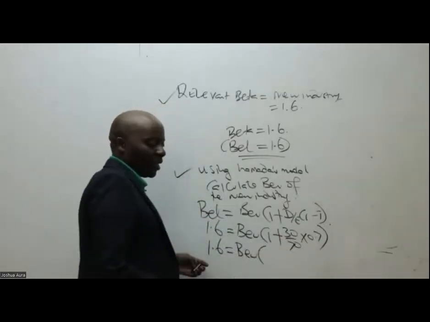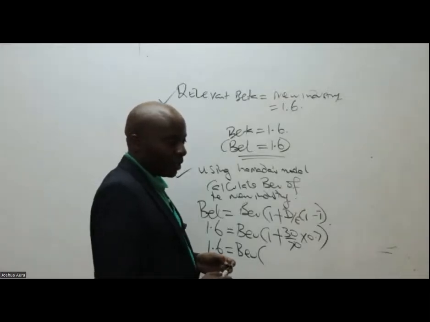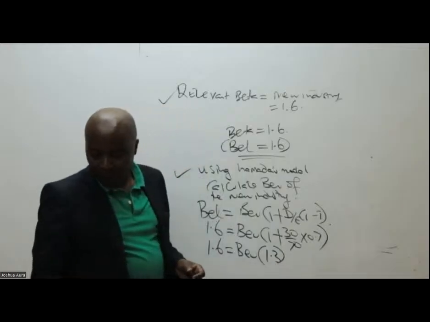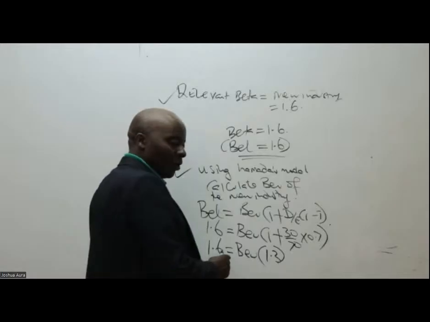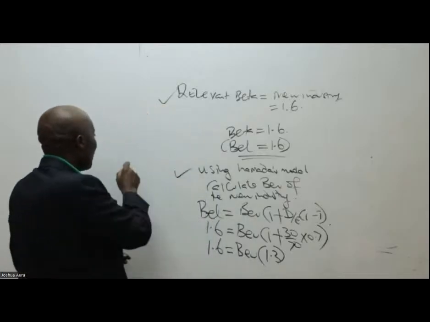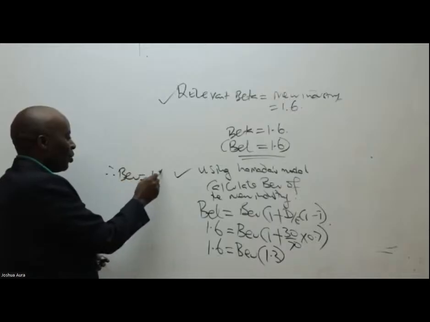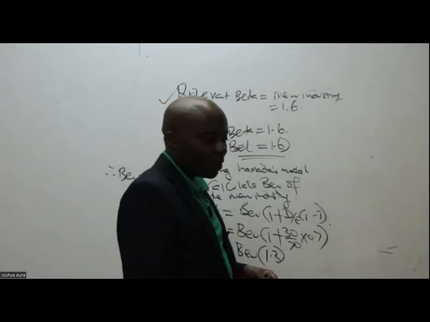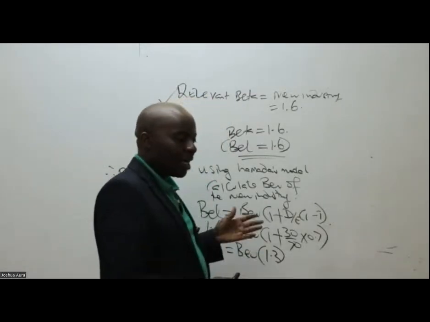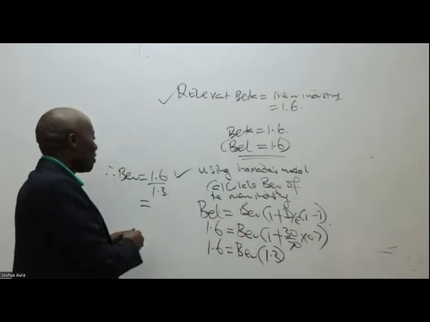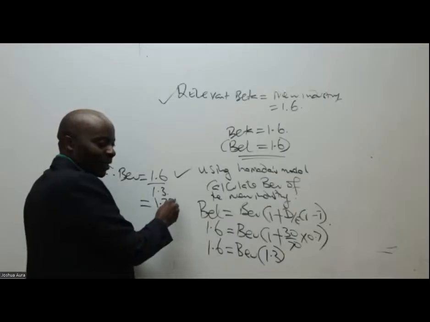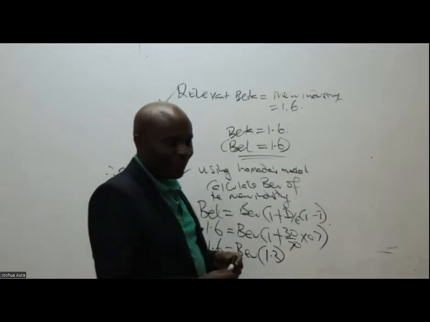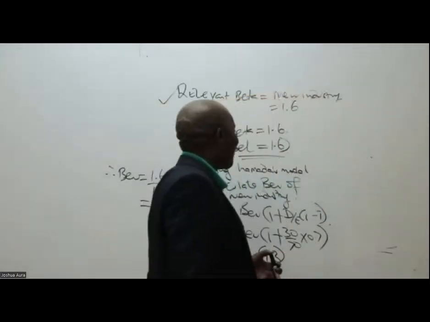It is 1.3. So at the end of the day, my BEU will be equal to 1.6 divided by 1.3, which is 1.23. It will have many decimals. Thank you so much, that is wonderful.